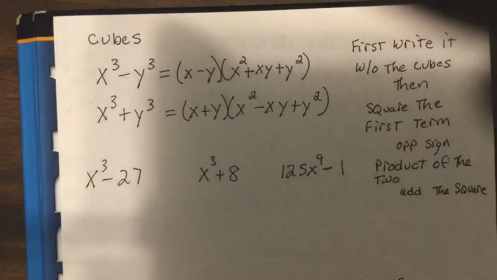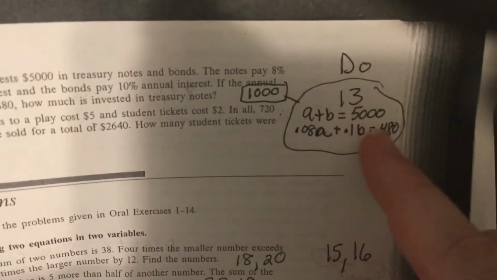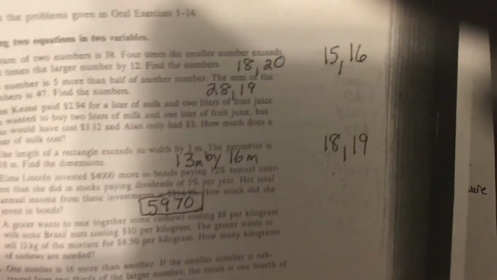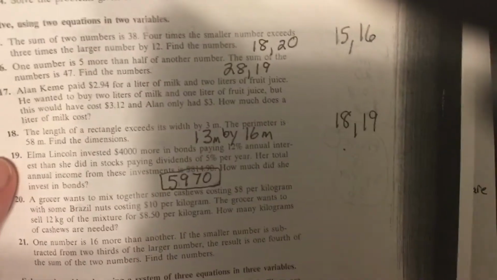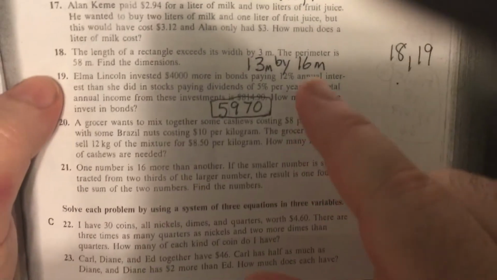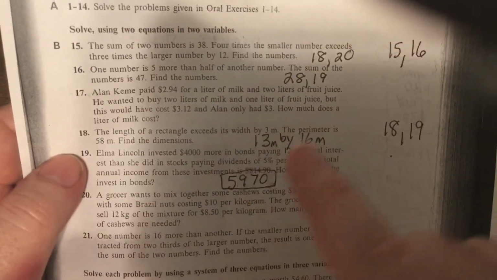Then 11 is right there. Then on the other side, 13. That's how you set it up. That's the answer. 15 and 16. And then I guess we had 18 and 19. So 18 and 19, there's that.